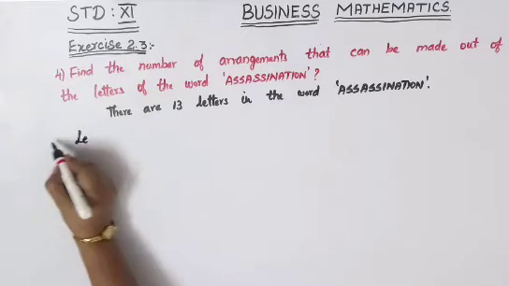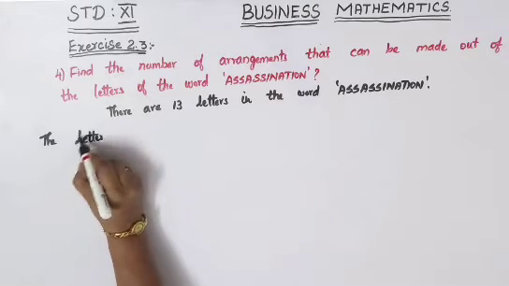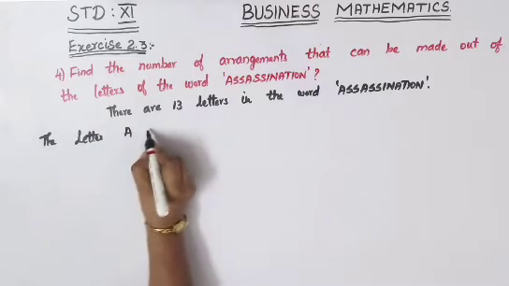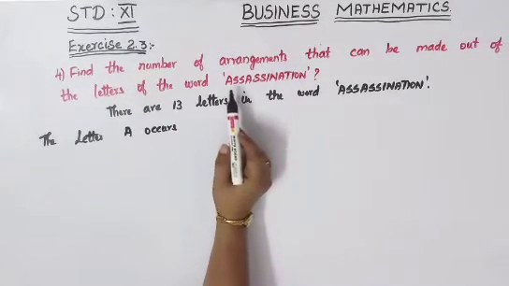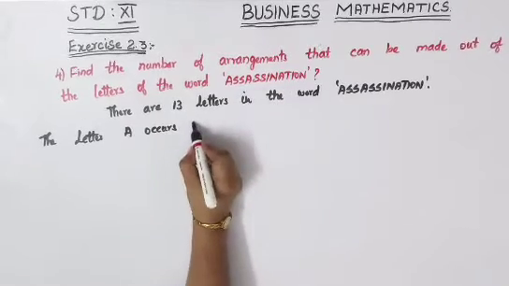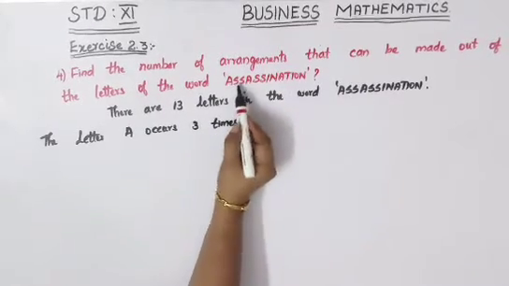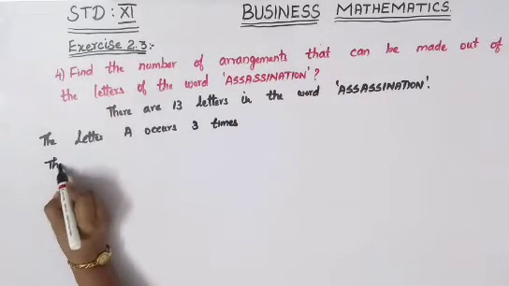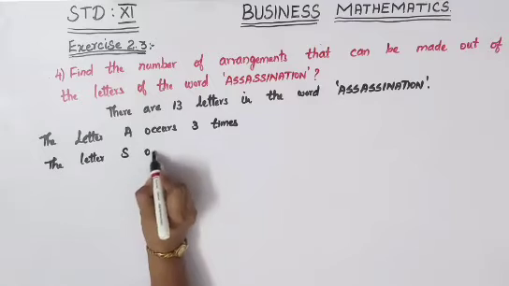So the letter A occurs, how many times you will have to find, because A is the first letter. So 1, 2, 3 times it is there. So 3 times. Next the letter S occurs.